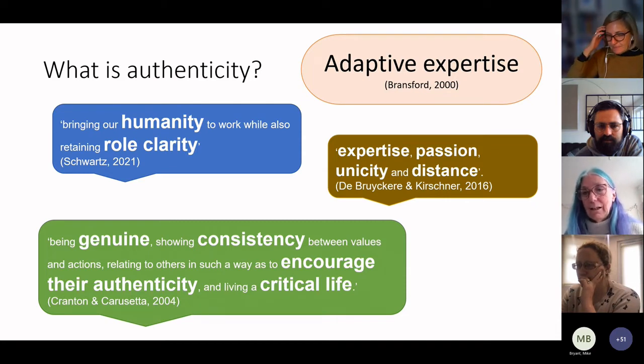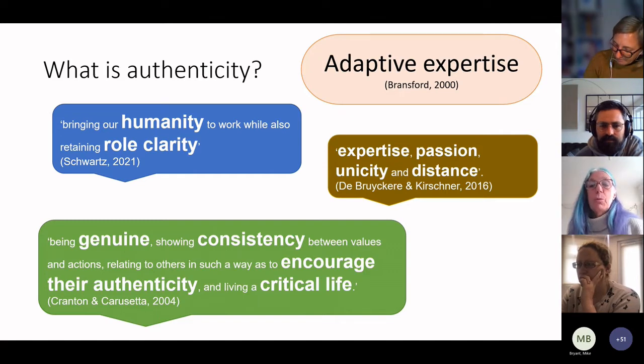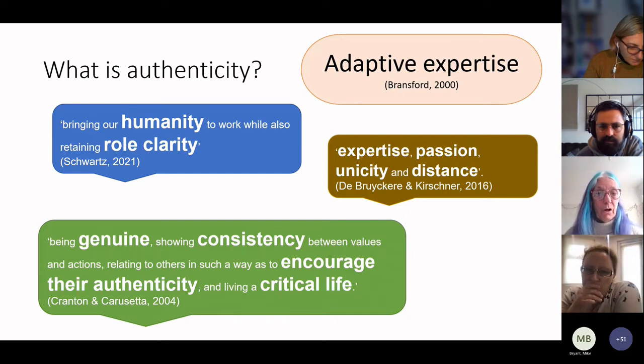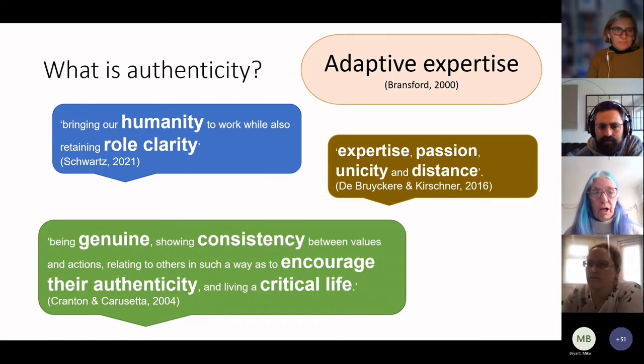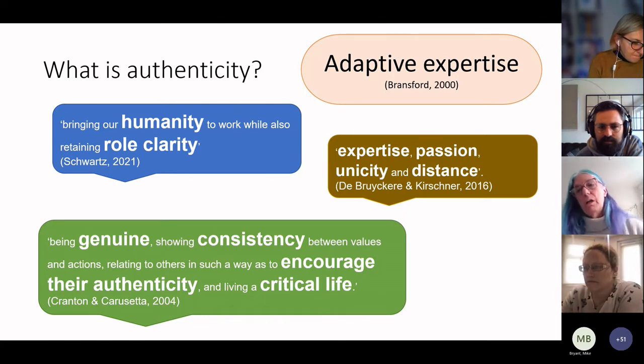When I was reading this, all of this chimed very much with the idea of adaptive expertise as described in Bransford, and that also builds on Hatano and Inagake, where they're talking about the ability to respond, improvise, adapt to what's happening in the moment, like being a virtuoso.